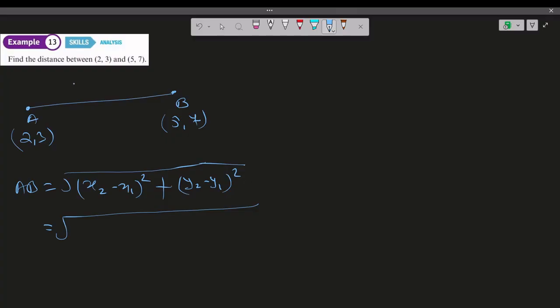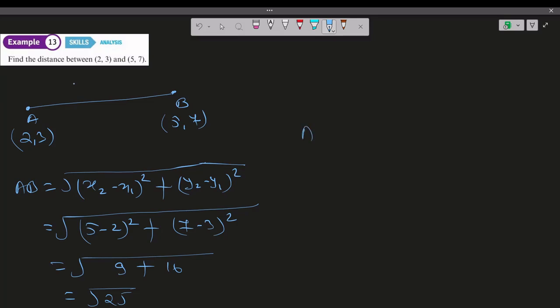So 5 minus 2 whole square plus 7 minus 3 whole square. It is equal to root of 3 whole square, 9, plus 4 square, 16. 16 plus 9 is root 25, and root 25 is nothing but 5. So distance AB is 5.